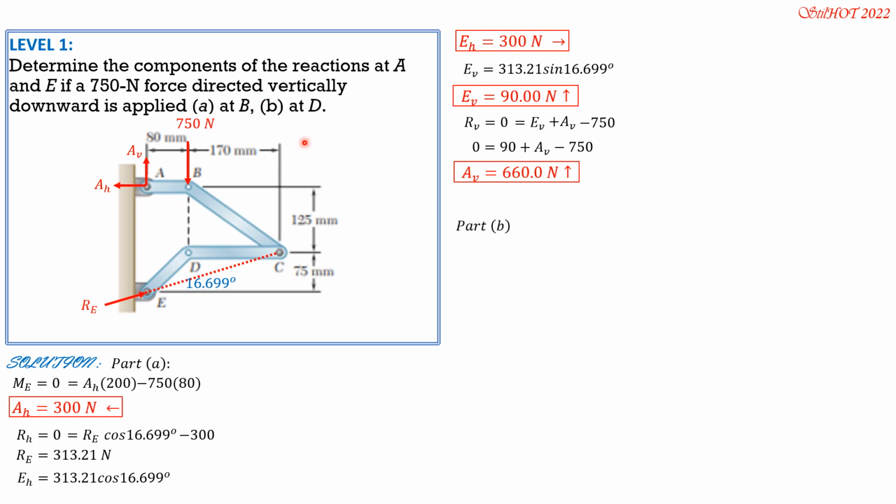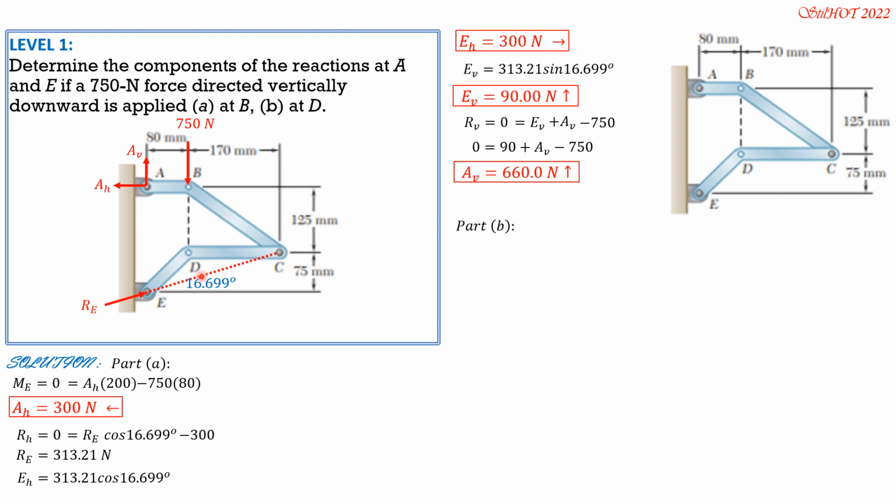Then for part B, not yet finished. So 750 is now acting at D. So this time, it is member ABC, which is the two-force body. So the component reactions at D, let's assume the direction shown.